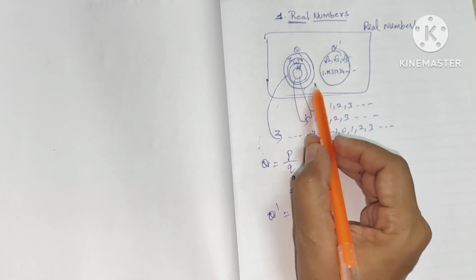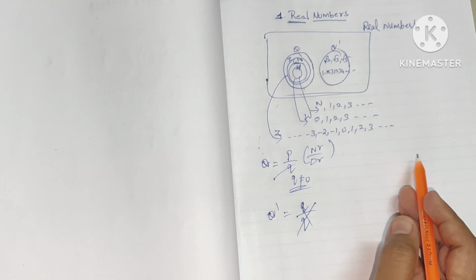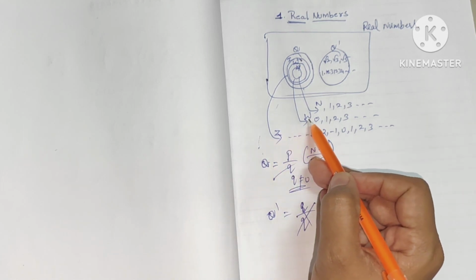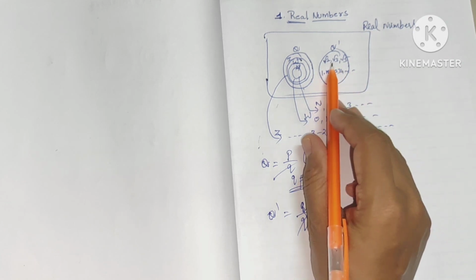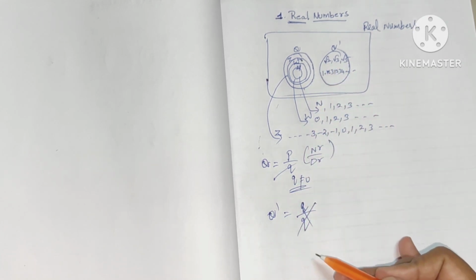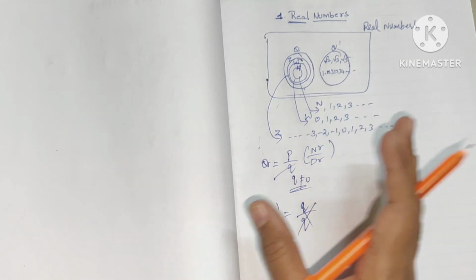Again, what is rational? Rational means the number which can be written in p by q form. That means every integer, every whole number, every natural number is a rational number. And irrational means the numbers which cannot be written in p by q form. Okay, so you already know about real numbers.